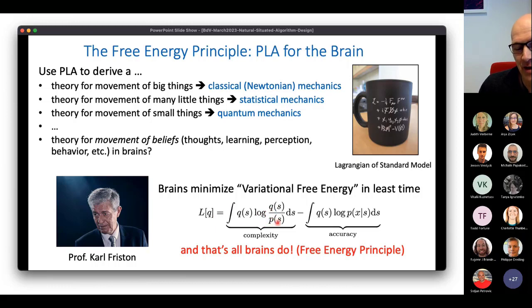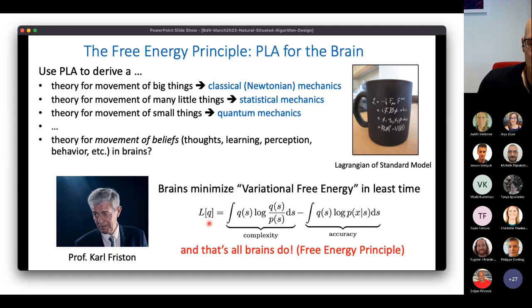You see here a P of S and a Q of S. Those are probability distributions. Those express beliefs, your thoughts, things that you learn, your perception, your cognition, your actions, your behavior, attention mechanisms. Everything follows or emerges from minimizing this Lagrangian.